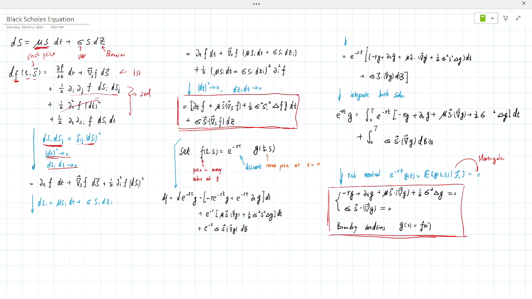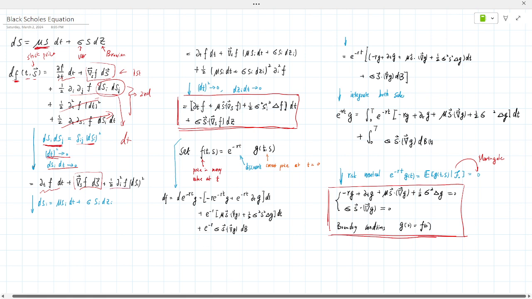So this goes to 0, this goes to 0, and we're left with this, which is essentially dt from the quadratic variation. So we have this term left.